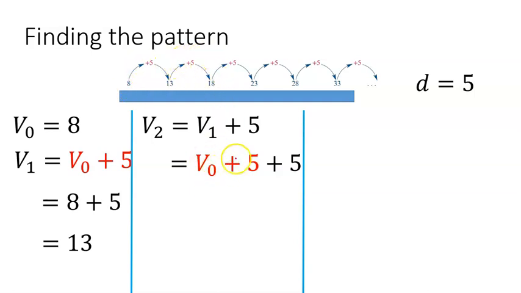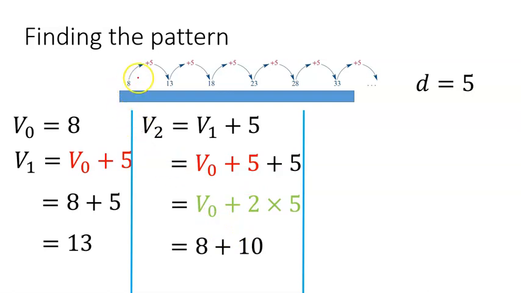So v0 plus 5 plus 5, and this will give us v2, or our third term. But what I want you to notice is the amount of 5s that are being added. Here we can see that there are 2 lots of 5s that are being added to the first term to get v2. So this is why we've written that instead of this, we can write it as v0 plus 2 times 5, or 2 lots of 5.